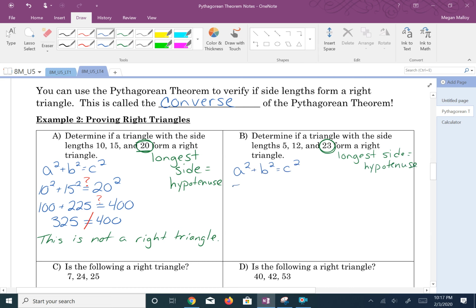If I substitute the values in, 5 squared plus 12 squared equals 23 squared. And we want to see, is that true or false? So 5 squared is 25. And we're going to add that to 12 squared, which is 144. And does that equal 23 squared, which is 529?